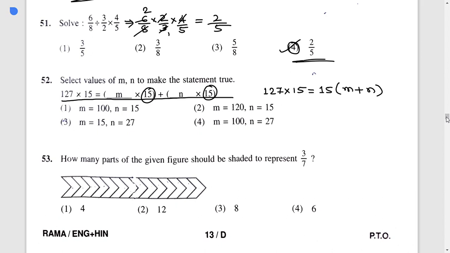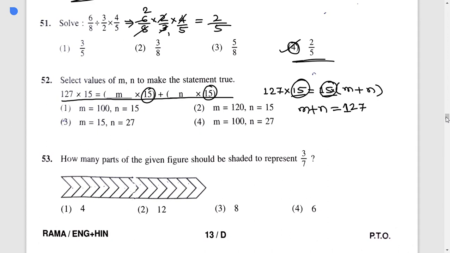I am using the identity that m into 15 plus n into 15 will be 15 into m plus n. So here 15 is there, here also 15 is there, so no problem. Again m plus n is equal to 127.